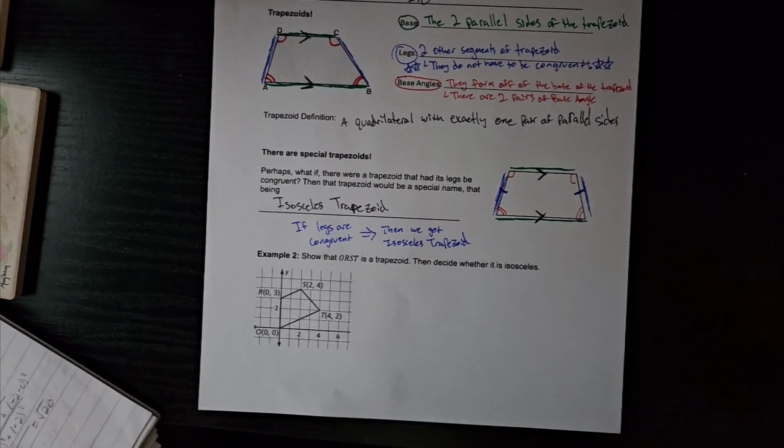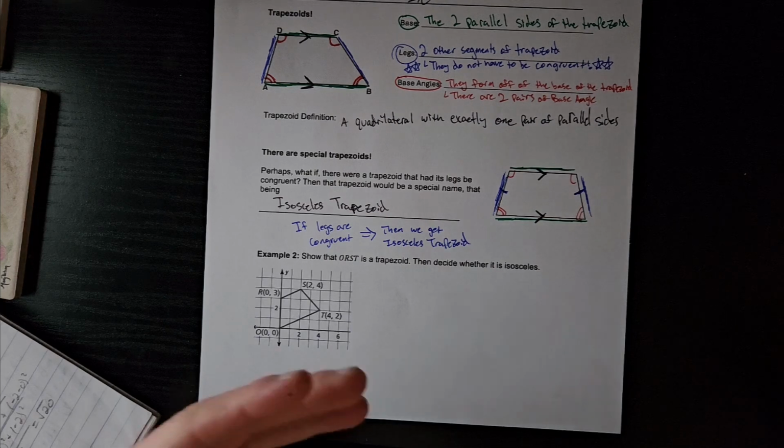Given the example that we have, I have the trapezoid ORST, and I need to decide whether it's an isosceles trapezoid or not. So first off, I need to check if this thing is a trapezoid at all.